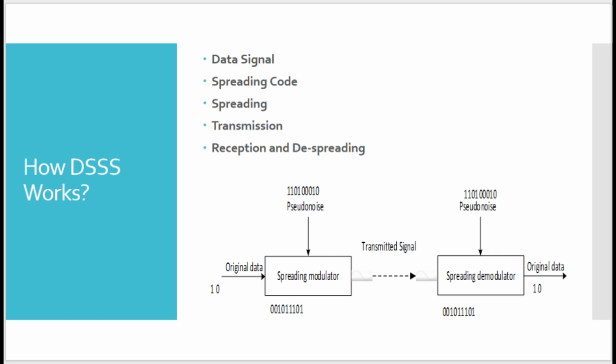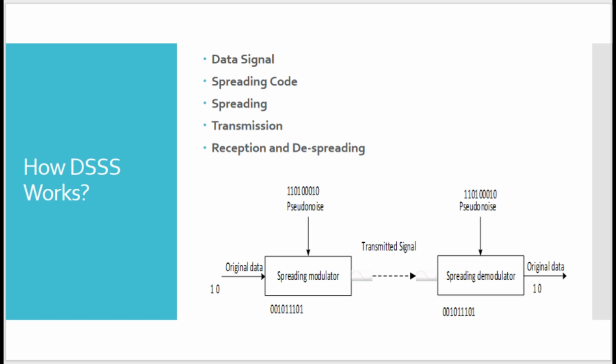Spreading. The data signal is multiplied by the spreading code. Each bit of the data signal is XOR, exclusive OR, with the bits of the spreading code. Transmission. The spread signal now occupies a wide band and is transmitted over the communication channel.